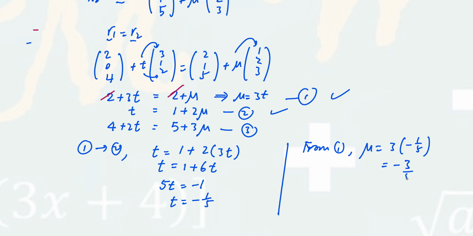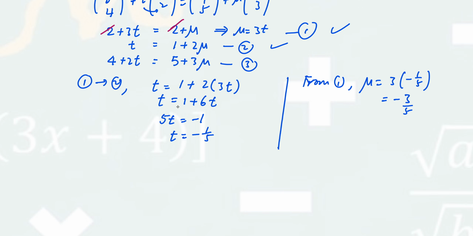That is negative 3 over 5. Okay, so since we have used the first and second equations to solve the t and mu, now left the third equation. So the third equation is for checking. Okay, so we have to calculate the left and right side separately. So the left hand side is 4 plus 2t.